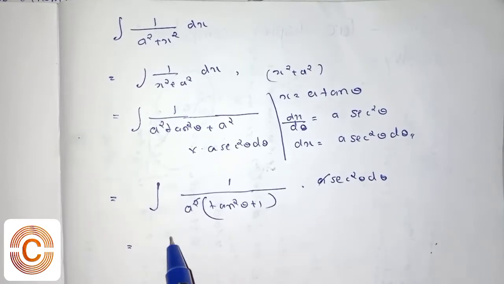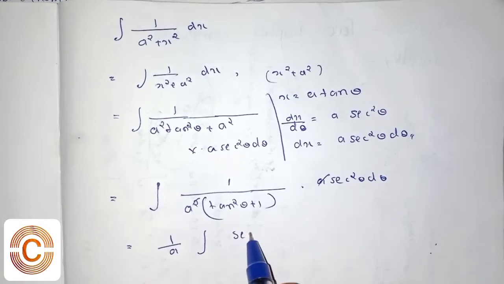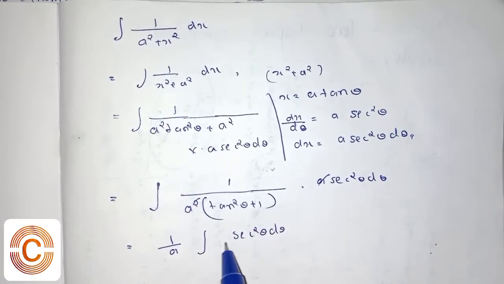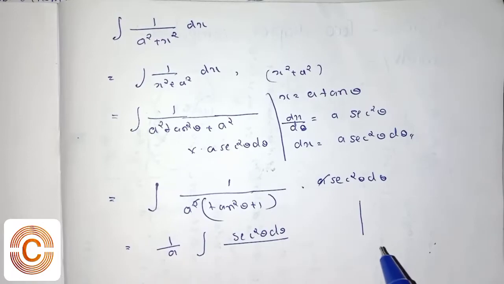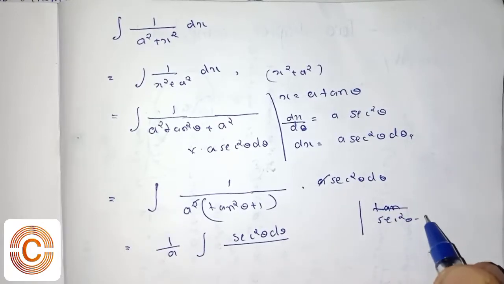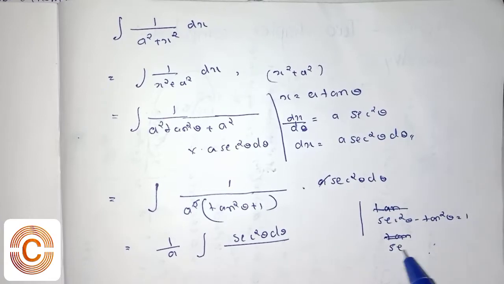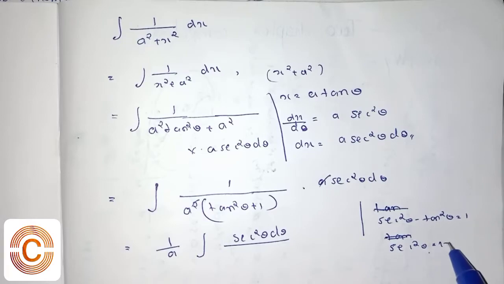In the next step it becomes 1 by a into the integral of sec square theta d theta divided by tan square theta plus 1. Using the trigonometric identity sec square theta minus tan square theta is equal to 1, sec square theta is equal to 1 plus tan square theta.